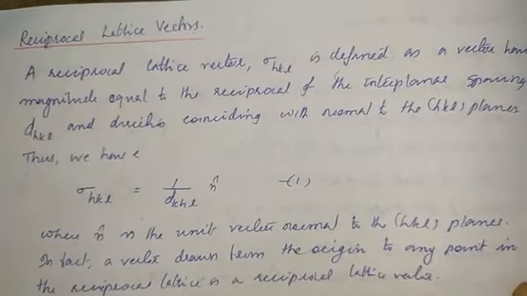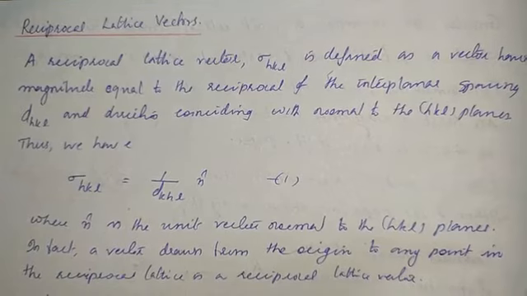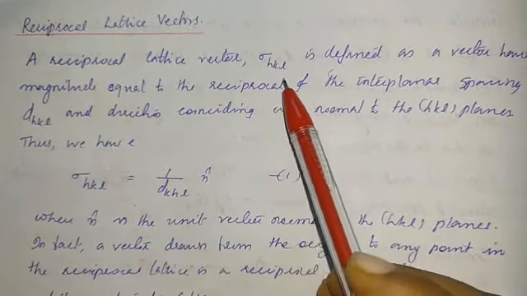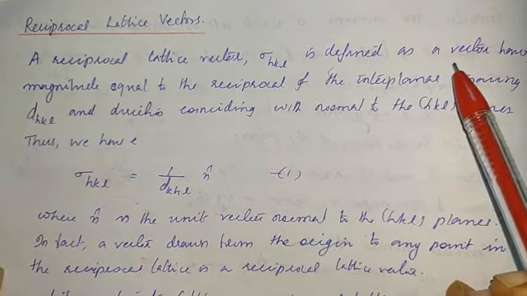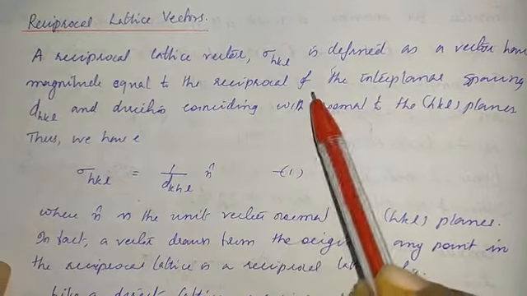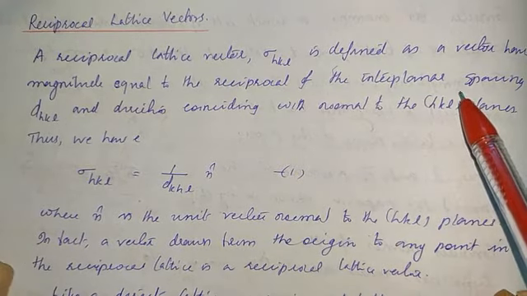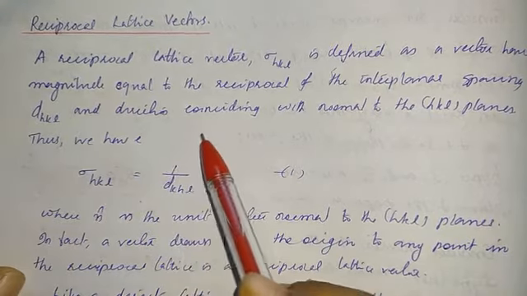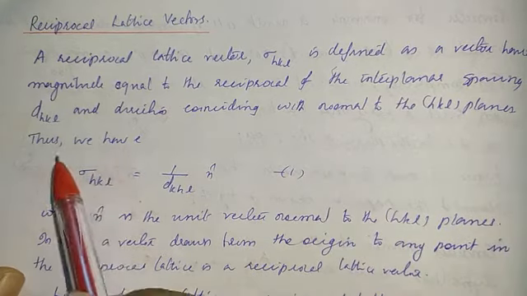Now we will define reciprocal lattice vectors. So the reciprocal lattice vector, which is represented by sigma suffix HKL, where HKL are Miller indices, is defined as a vector having magnitude equal to the reciprocal of the interplanar spacing DHKL and direction coinciding with the normal to the HKL planes.